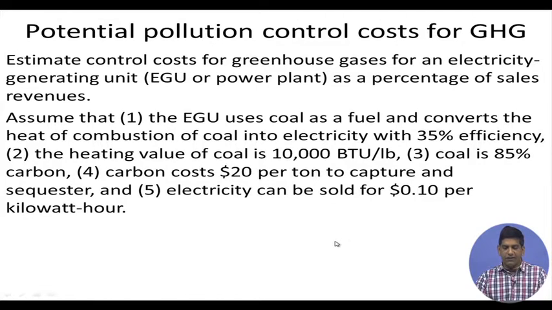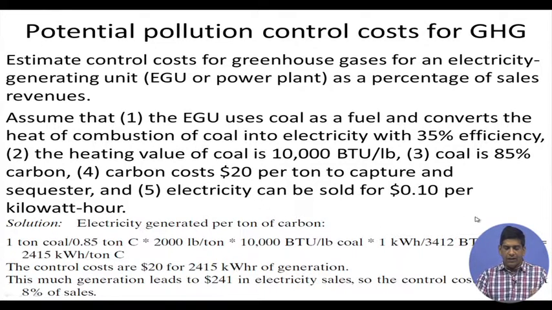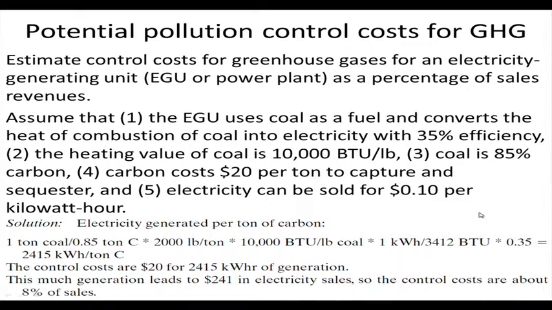If these are the values provided to us, we want to find out the control cost as a fraction, the percentage of the sales revenue. So electricity generated per ton of carbon: based on the data available, coal is 85% carbon, so 1 ton of coal means how much carbon.